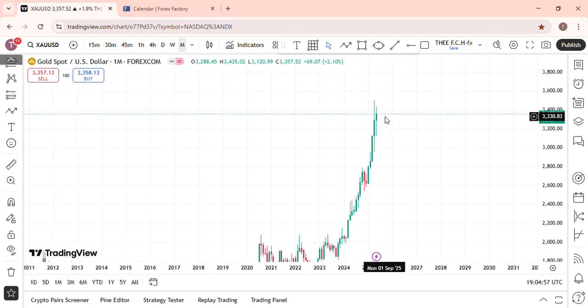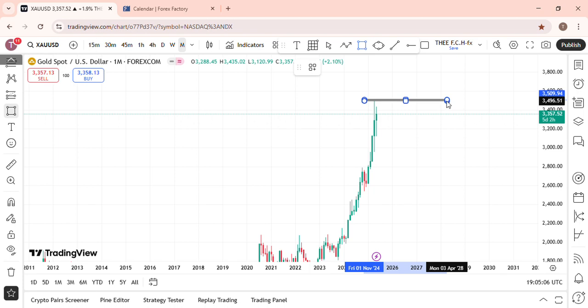You can see initially we have been having this monthly candlestick bearish, but it has already turned bullish. So we have to take back our focus on the highest high. From there, you can mark this level in the lower time frames.